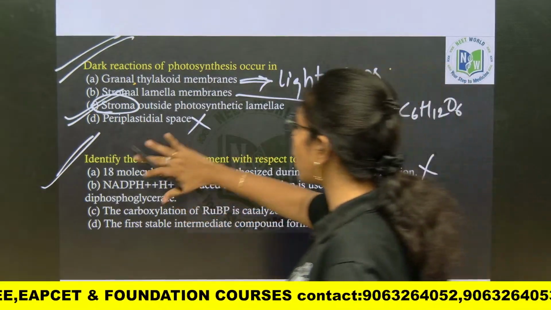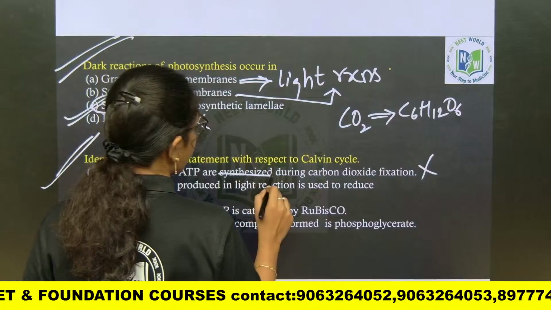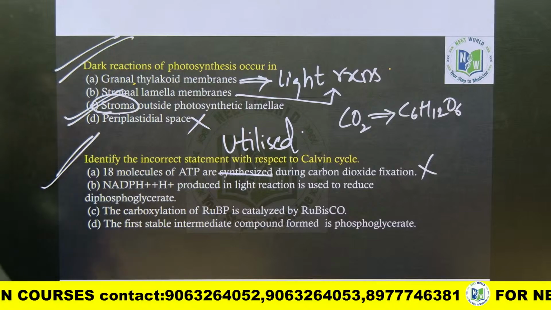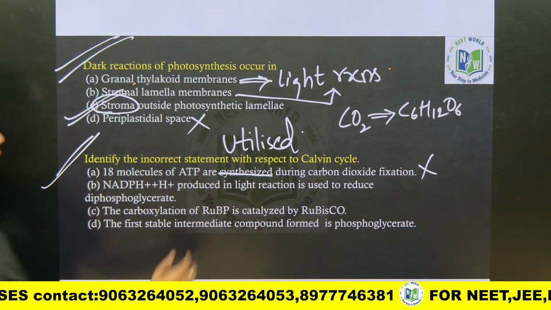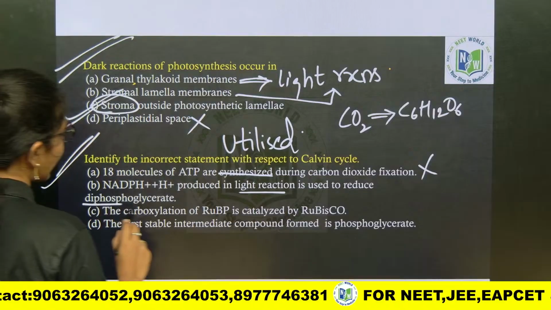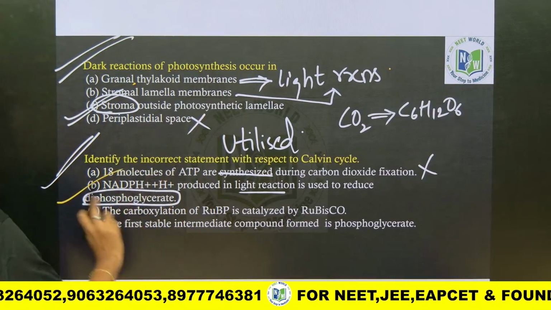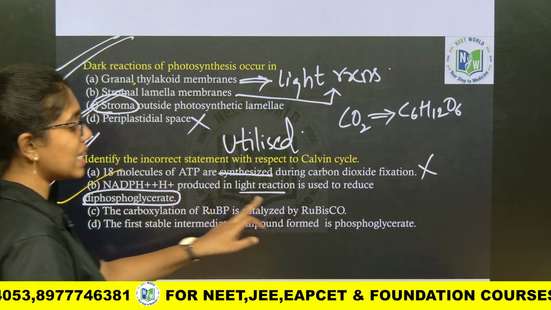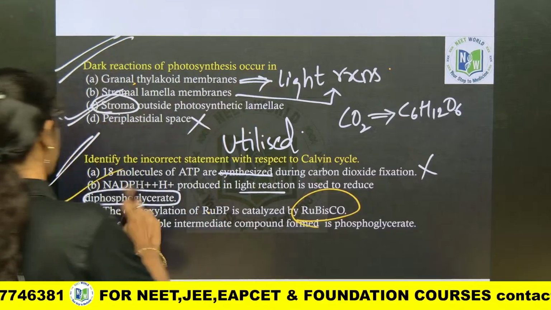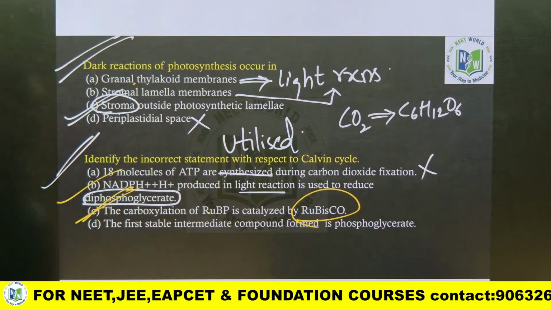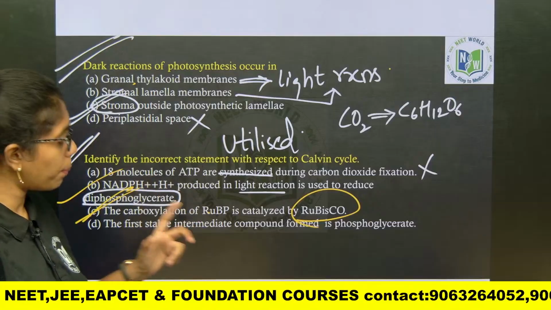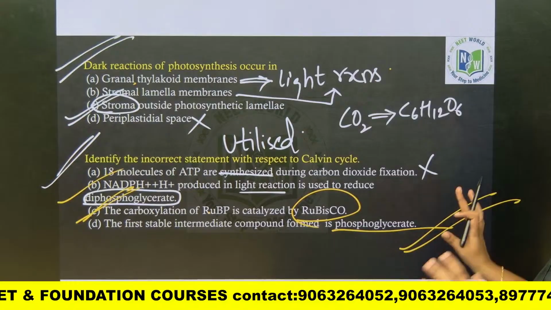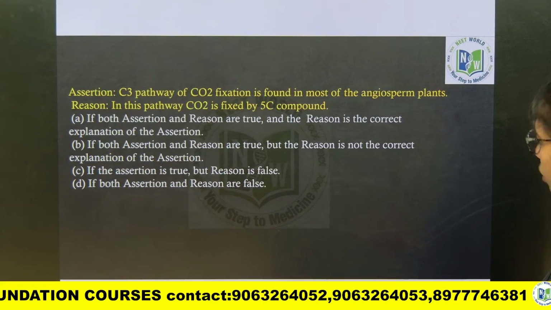Here ATP is not synthesized, 18 molecules of ATP are utilized. NADPH plus H plus produced in the light reaction is used to reduce diphosphoglycerate. Correct. The carboxylation of RuBP is catalyzed by Rubisco. True. Option D, the first stable intermediate compound formed is phosphoglycerate. Correct. Clear ma? So this is a statement based question.